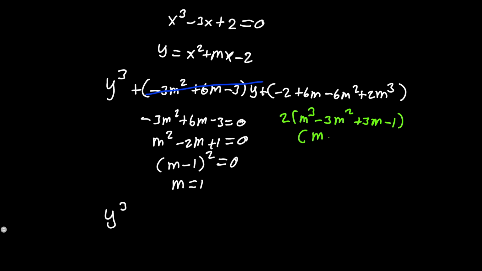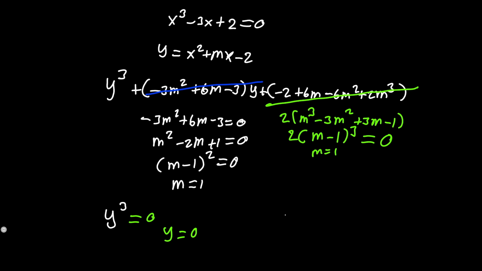This is m minus 1 cubed, multiplied by 2. So plugging in m equals 1 results in this being equal to 0. So the constant also vanishes. So we end up getting that y cubed is equal to 0, whereas y is equal to 0.